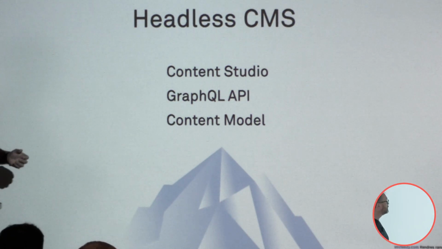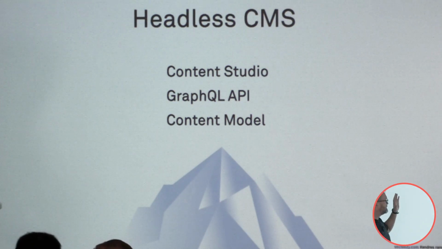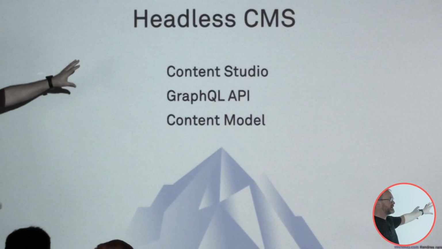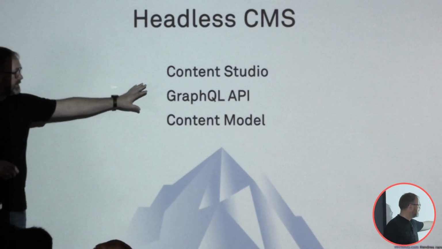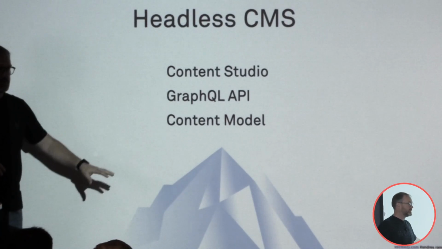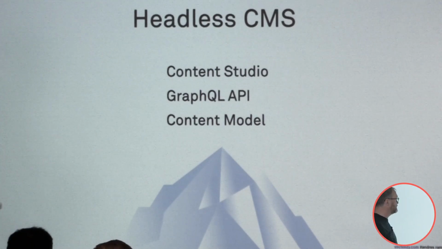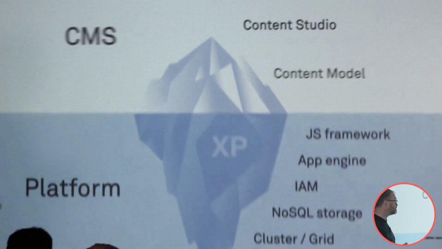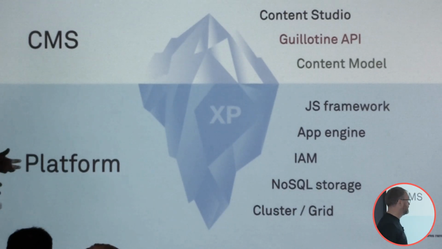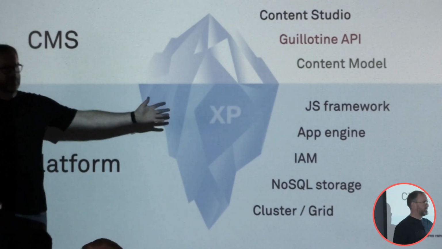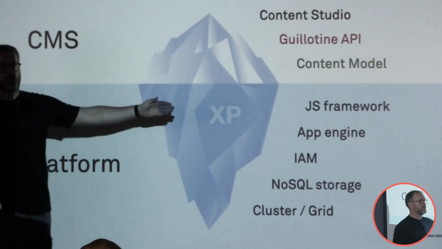So let's have a bit more look at this. The headless CMS is typically like you have some authoring interface, some API, and then your content model, right? And this is kind of where it stops, right? You cannot adapt beyond these things typically. When you have XP, you have a whole platform, which means you have a back end you can control.